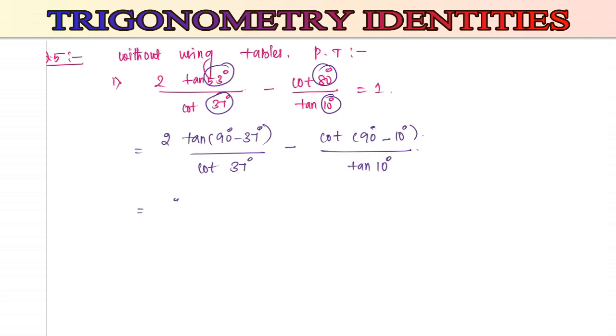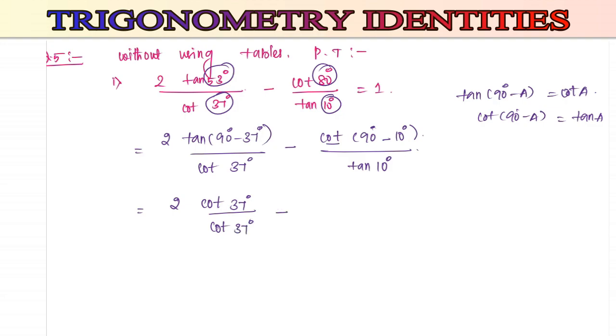So 2 into tan 90 minus a. Tan 90 minus a value is cot a, as well as cot 90 minus a value is tan a. So we will get cot 37 degree divided by cot 37 degree minus, cot 90 minus a will give tan a, so tan 10 degree divided by tan 10 degree.